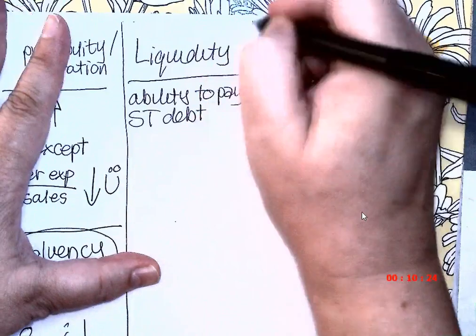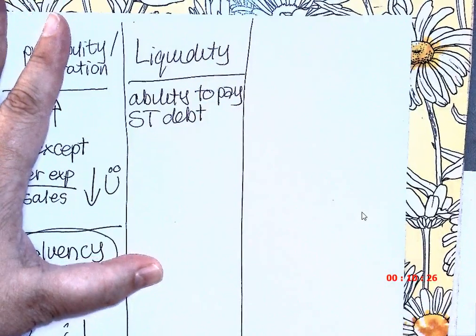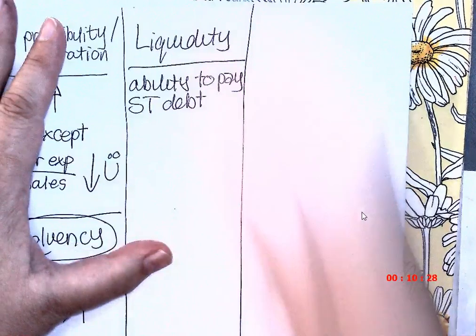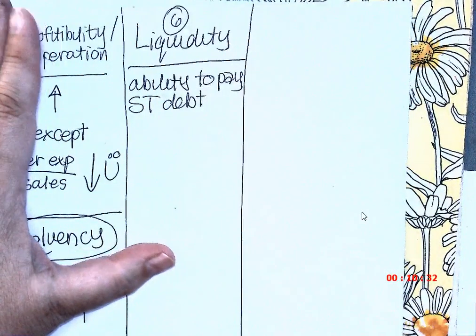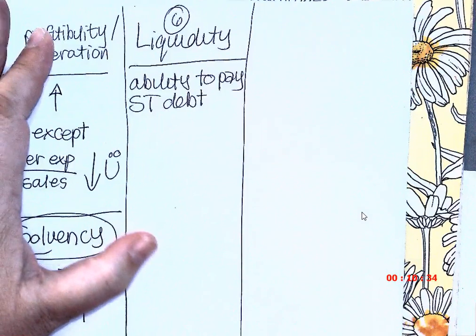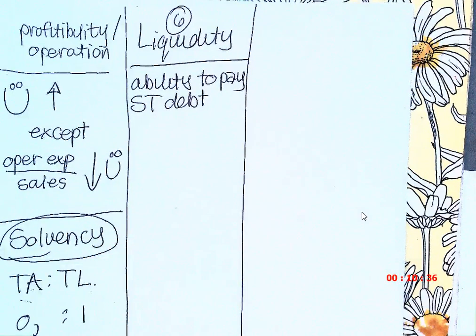Okay, now we all know that liquidity has got 6 ratios that we can use, right? So that 6 ratios works in 2s. Okay, so I'm going to start with the stock one.